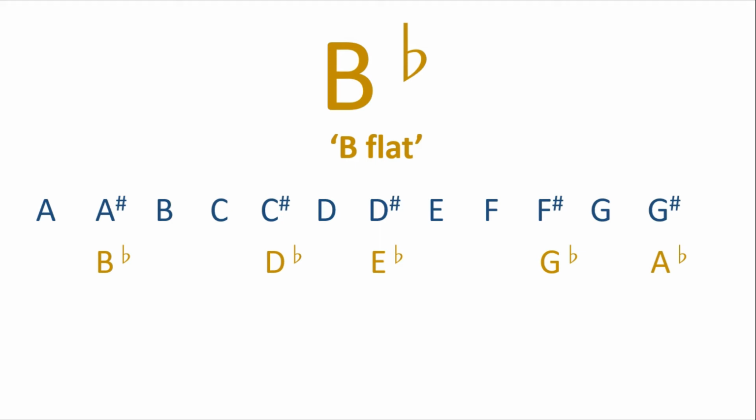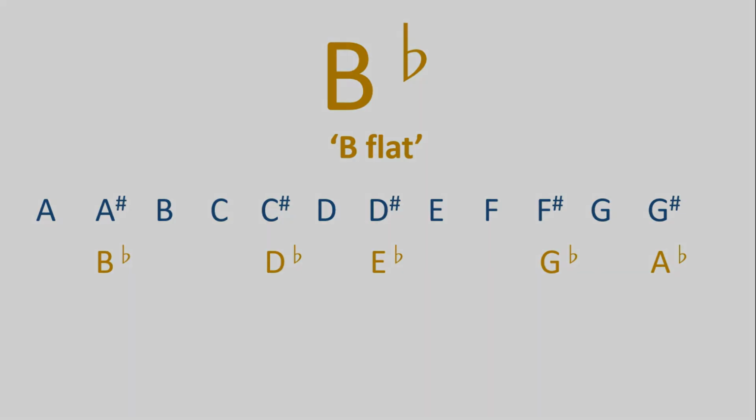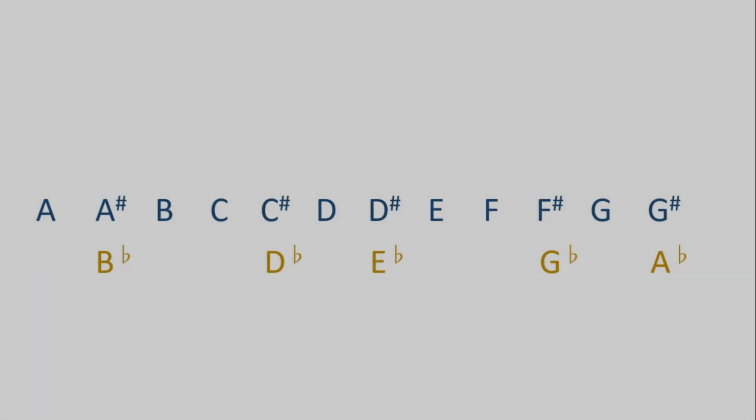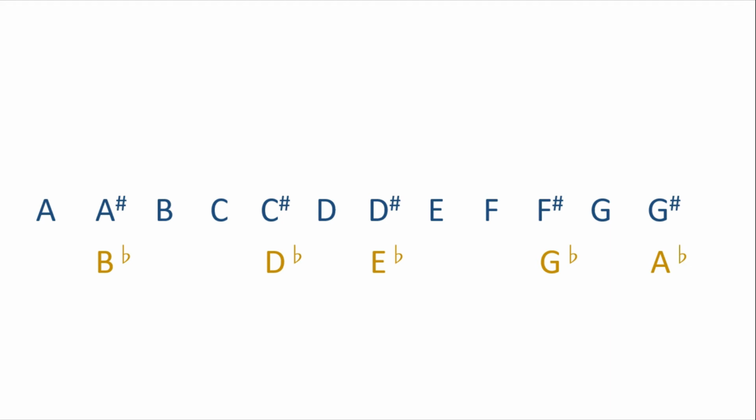Similar to the case of notes with sharps, but with a slightly different approach. Notes with flats are named after the notes ahead of them. So, the B flat note is named after the B note which is immediately ahead of it. And the G flat note is named after the G note just ahead of it.